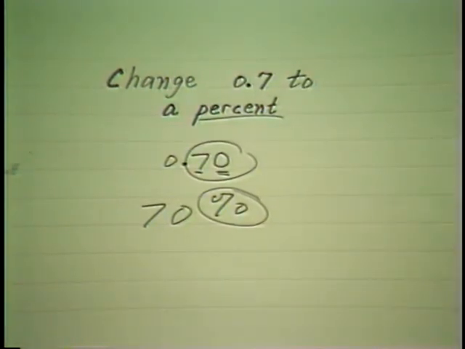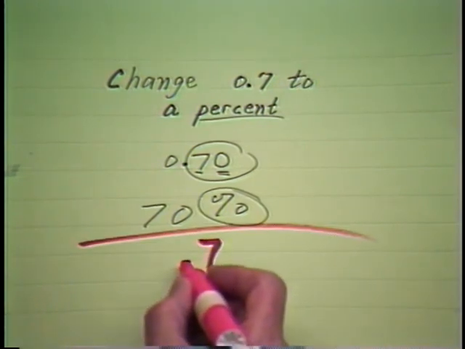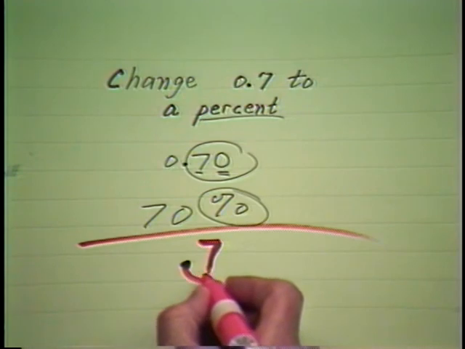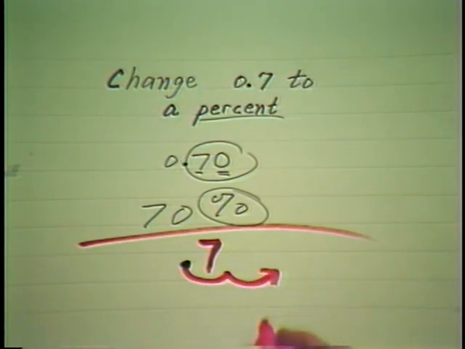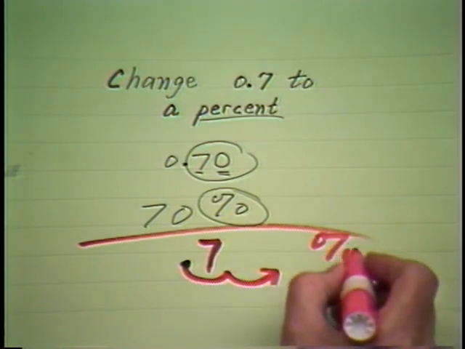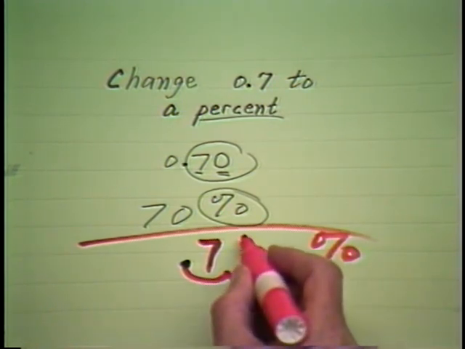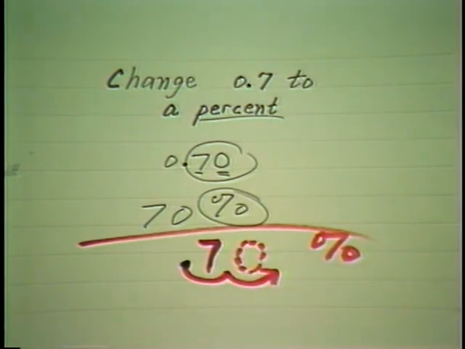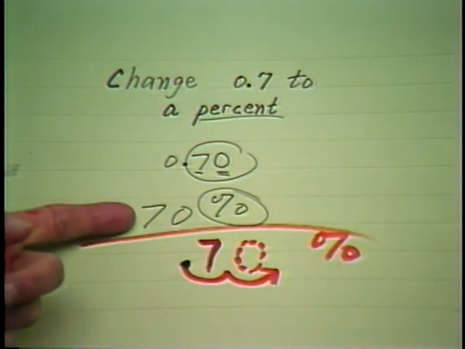So let's make this observation. Had I started with the decimal point and moved my decimal point 2 places to the right, or if you wish, towards the percent sign I wish to put on, and then insert zeros if extra places have been created, I would end with 70%, which was my result.